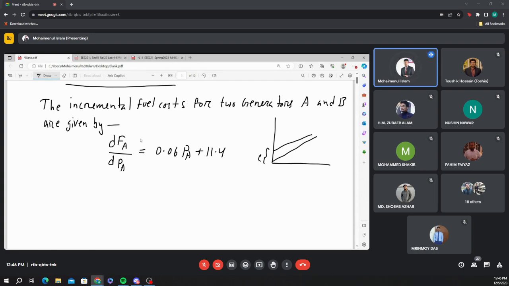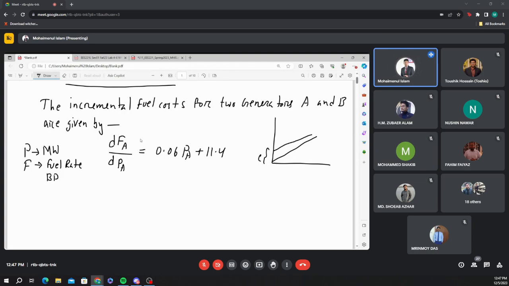This equation particularly is for fuel-based power plants. Here you can see P is in megawatt. That is the capacity of that power plant. And F is the fuel rate, in BDT per hour.